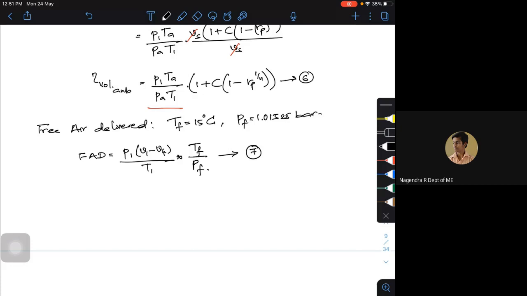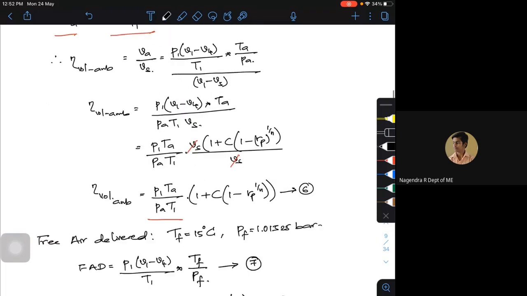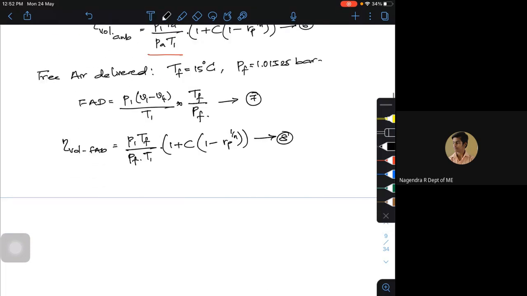The volumetric efficiency for free air delivered condition will be P1 into TF divided by PF into T1, into 1 plus C into 1 minus Rp to the power of 1 by n. You can check this equation also: doing the same derivation, if you substitute wherever you have ambient condition, you end up with the free air delivered condition.